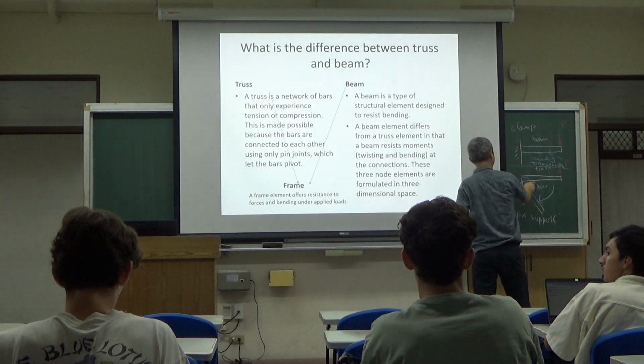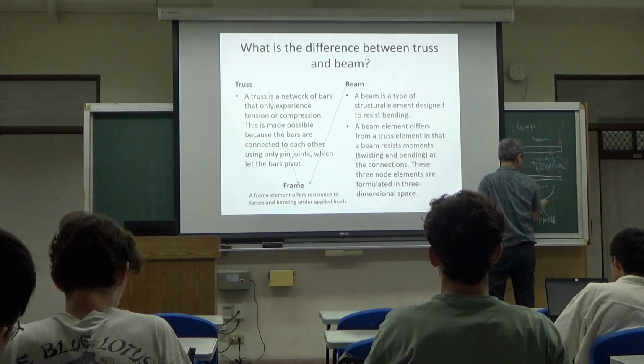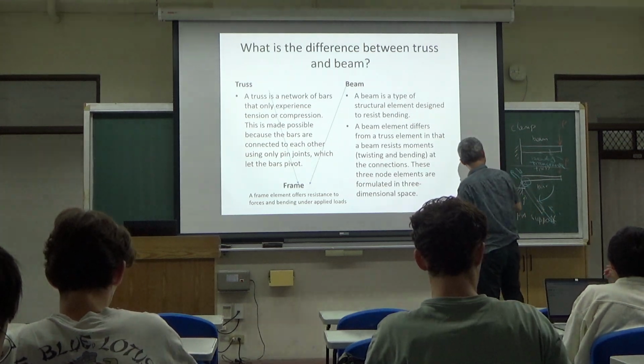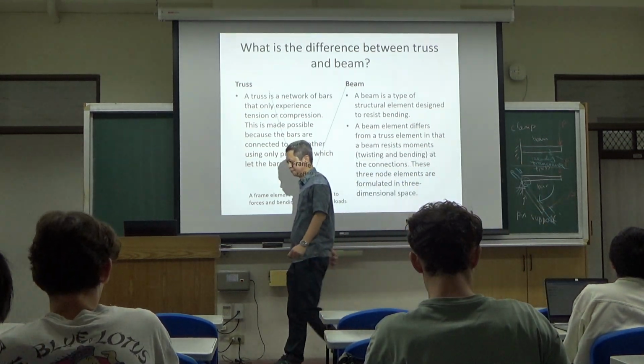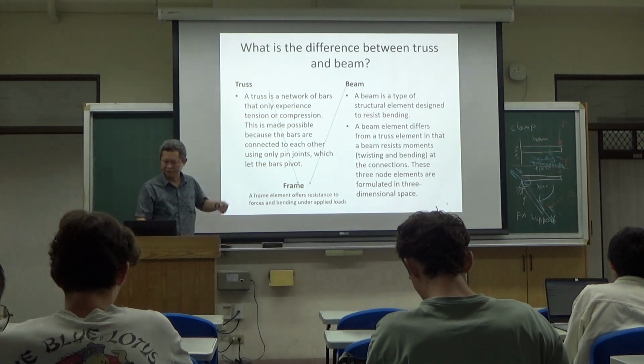On the other hand, this one, if you pull it, can only support tension or compression. Any perpendicular force will not be resisted. So this is a big difference between a truss and a beam element.